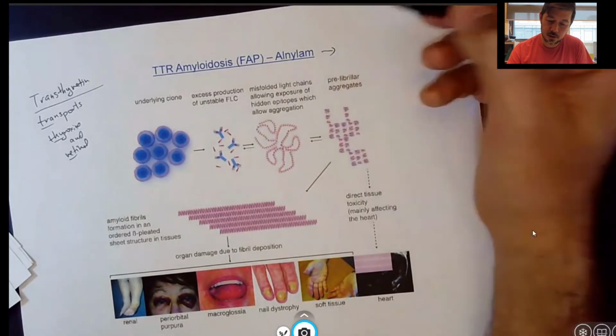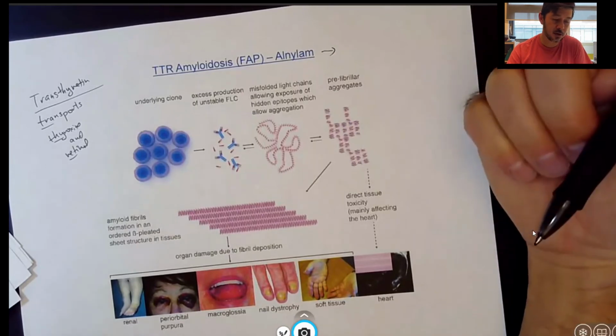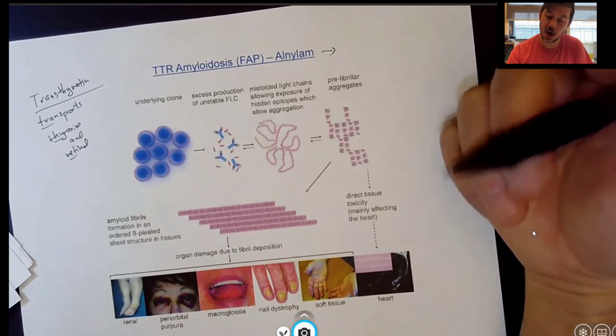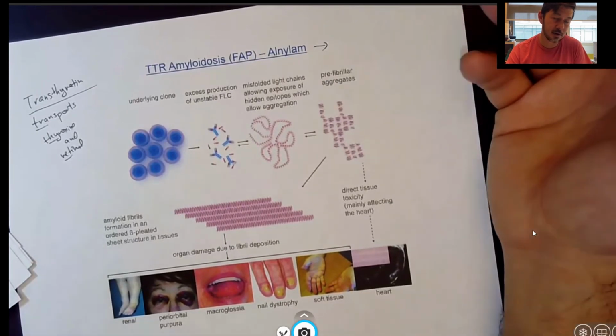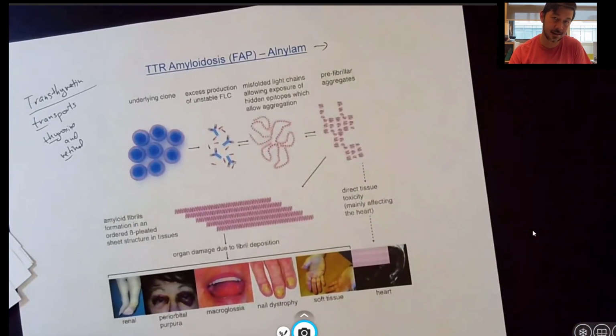So it turns out that a single mutation in the TTR protein can cause this protein to actually form fibrils and aggregate into stacked clumps. And if this happens within your organs, this can be very painful, and it can lead to toxicity and essentially organ failure.